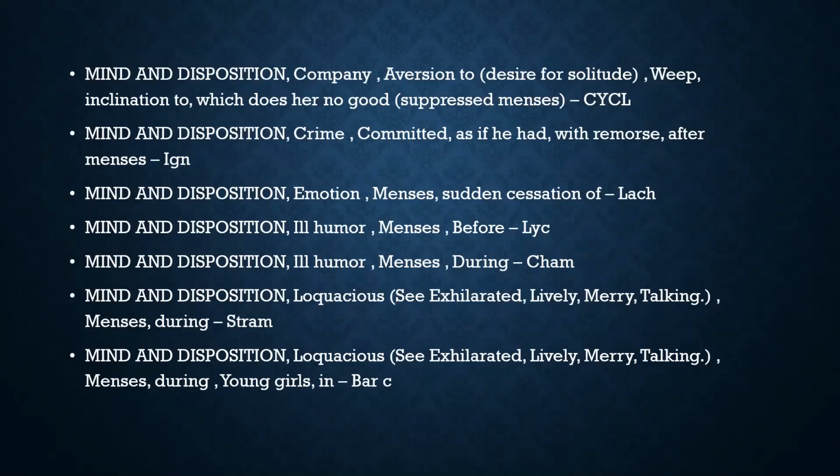Then mind disposition, crime committed as if she had committed a crime, with remorse after menstruation. Then emotion, menses sudden cessation of, ill humor before the menses or ill humor during menstruation, loquacious during menstruation, or loquacious in young girls during menstruation. So these are the representation of menses and the mind symptoms.